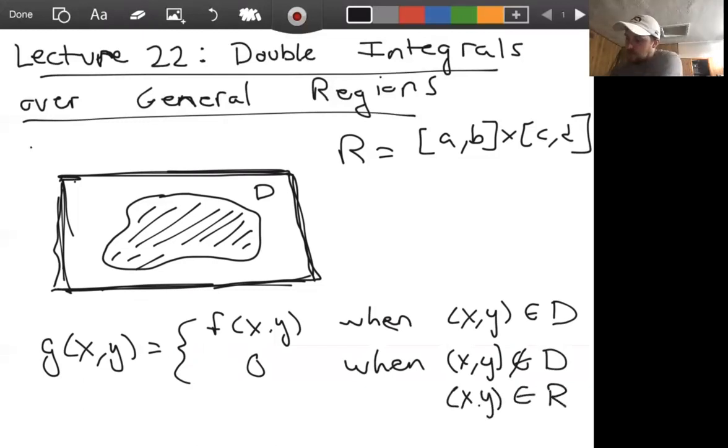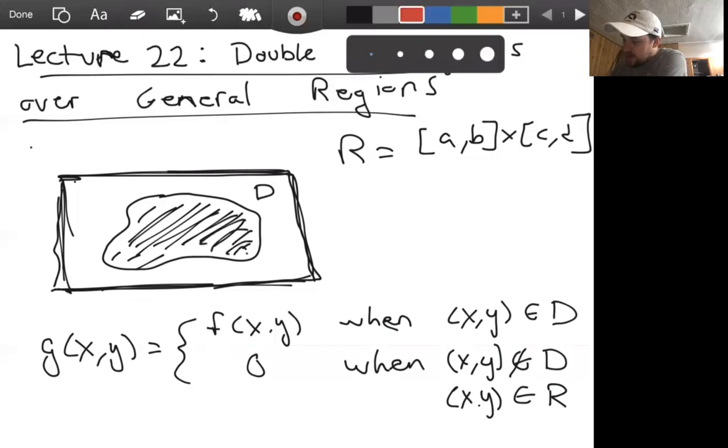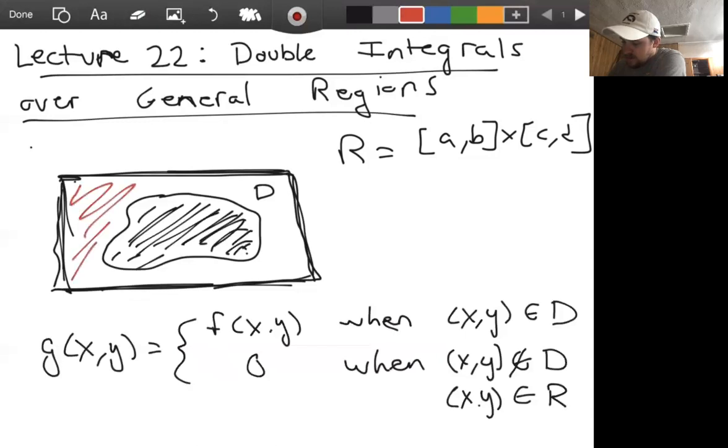And so basically what we're saying is this new function g takes a value identical to f over this region D, and then over the region R set minus D in red here, that's what this region is.